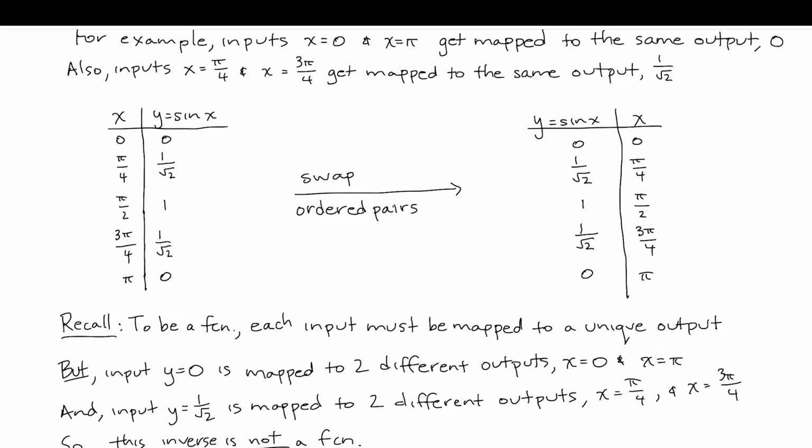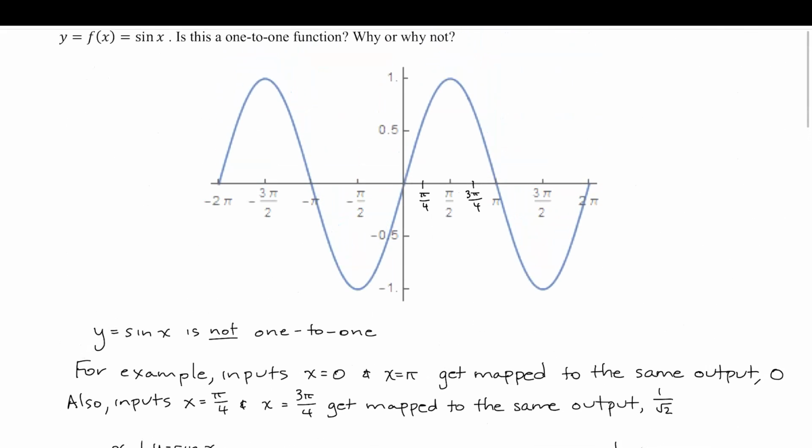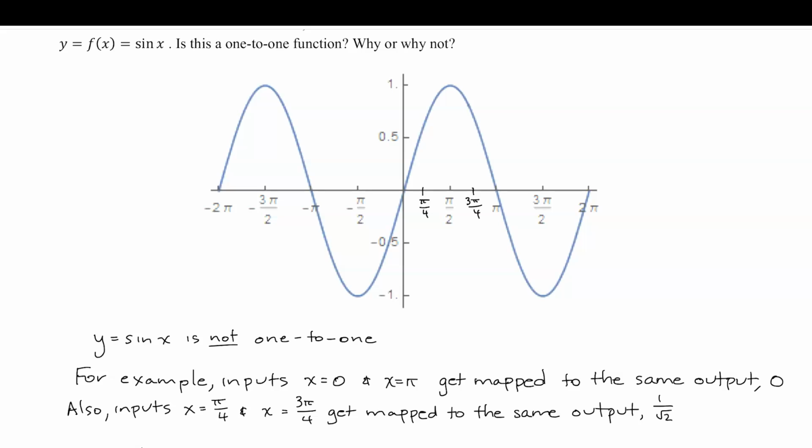Now earlier you might have been thinking of another way to see this. That is, y equals sine of x fails the horizontal line test, which I will abbreviate HLT. In other words, when we look back at the graph, a horizontal line, and let me try to draw one up here, that corresponds to the pi over 4 and the 3 pi over 4.